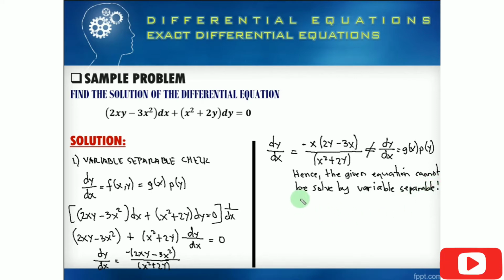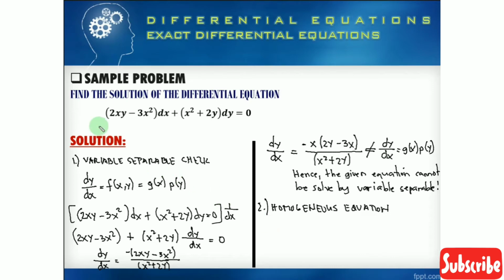So that is one checking, that this cannot be solved by variable separable, and second is to check for homogeneous. Okay, can this be solved by using a homogeneous equation? So we will check.